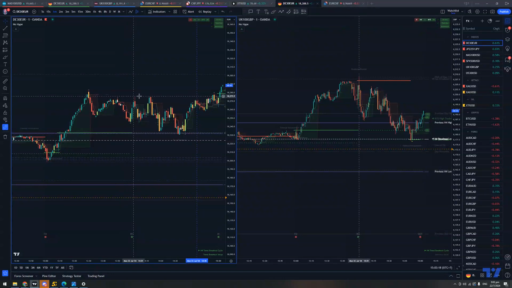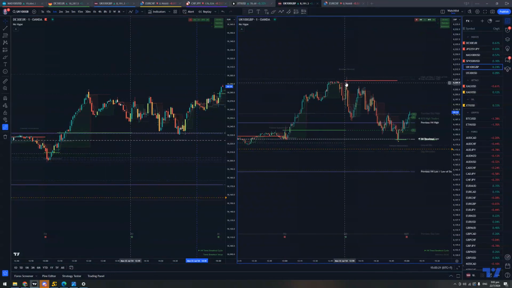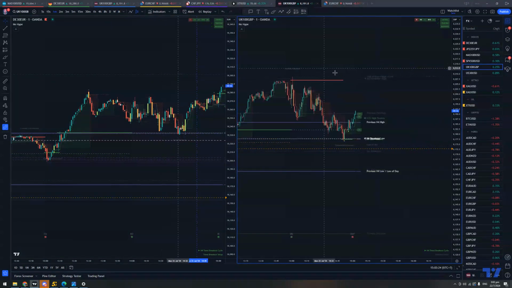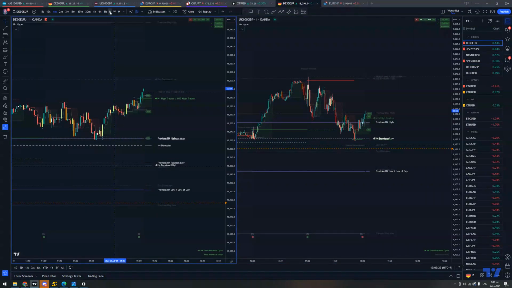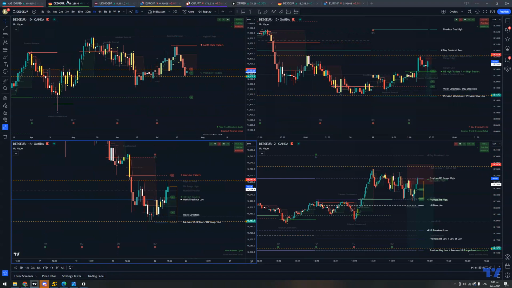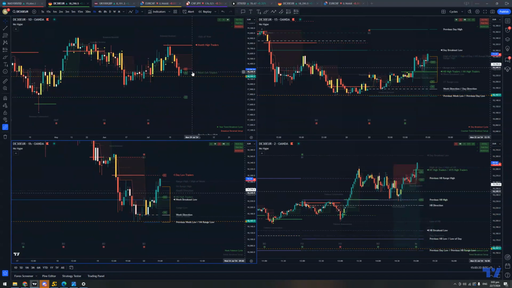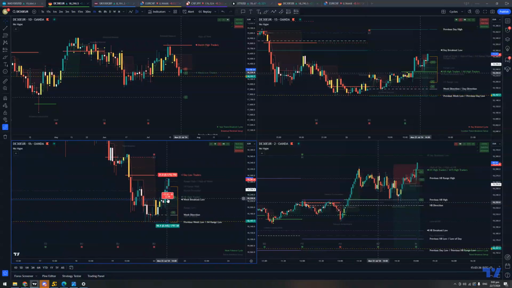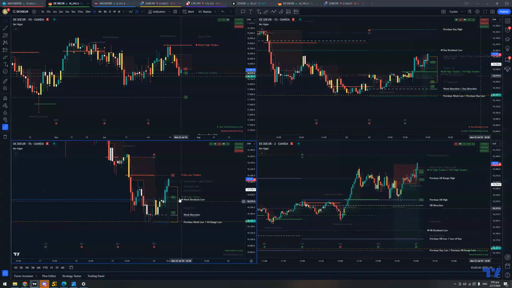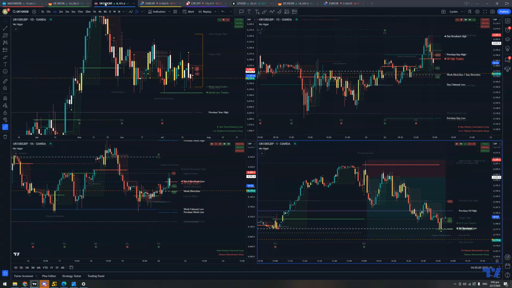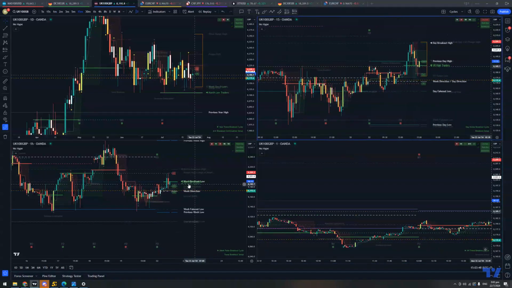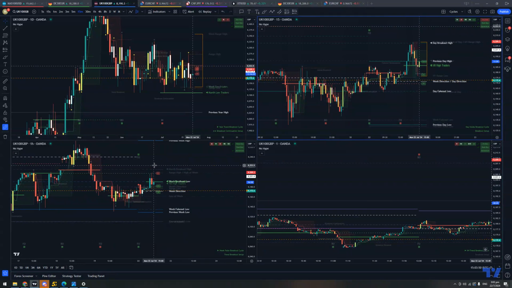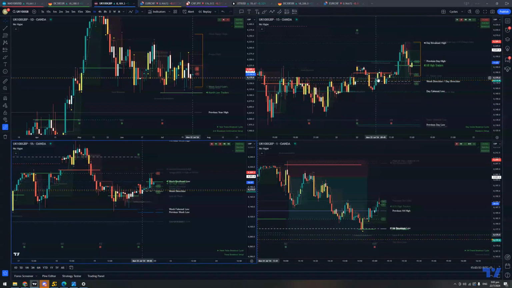While UK100 faked out the H1 high, and it was also below the day breakout level. Because DE30 was above the weekly breakout level, I was still bullish on it, because this is possibly a swing point on the weekly level. While UK100 was getting below the weekly breakout low, which is right here. So I was more bearish on UK100.